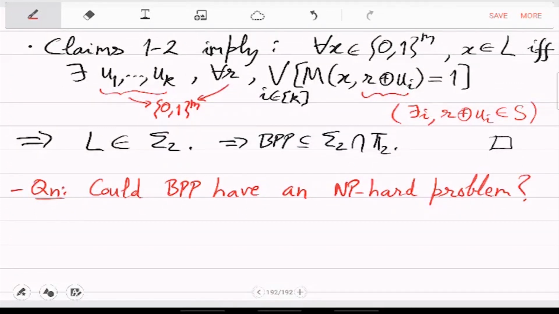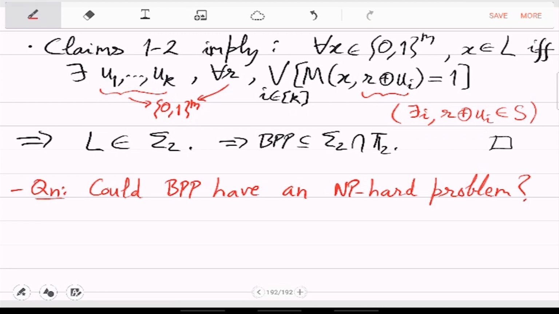So the practical implication will be huge, because it would mean that you can in particular solve SAT by a randomized polynomial time algorithm, right? And that will already solve all these hard optimization problems in practice.